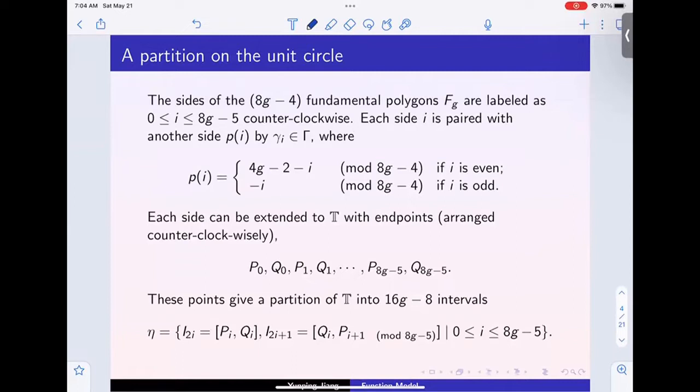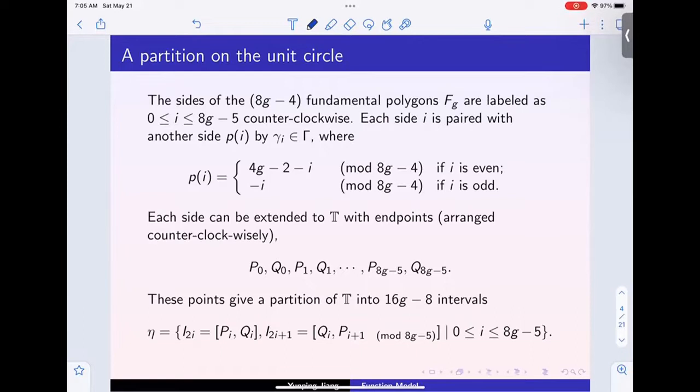Each side is paired with another side. I wrote down the formula for how to pair two different sides together. You pair i with 4g minus 2 minus i if i is even, or minus i if i is odd, but you definitely need modulo 8g minus 4.